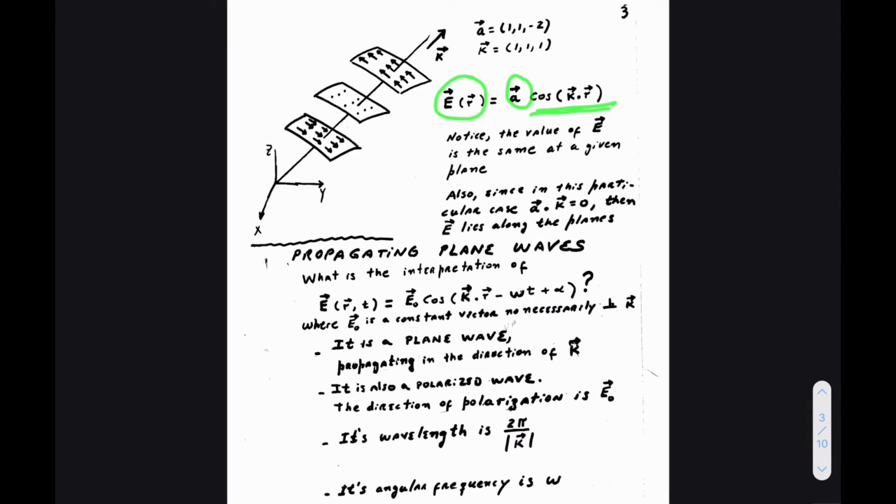And when this is -1, the electric field will be opposite to the direction of A. Now, for our particular problem, we have A dot k equals 0, as you can calculate. So here, the A vector is perpendicular to this k vector. That means this A vector lies along the plane, so this electric field should lie along the plane for this example.